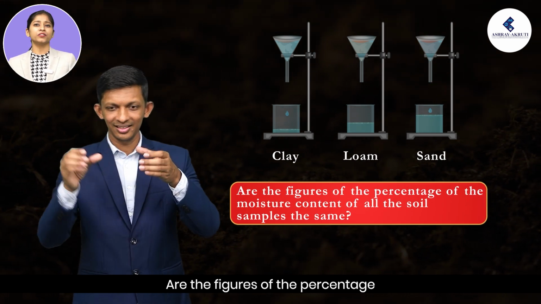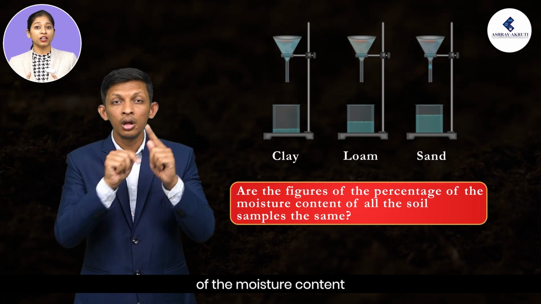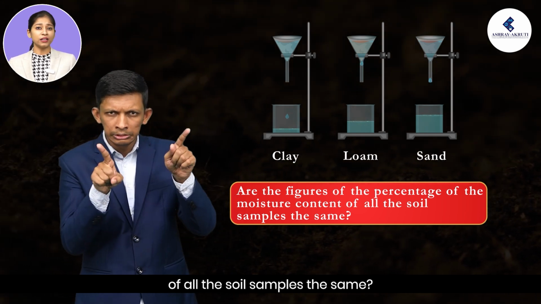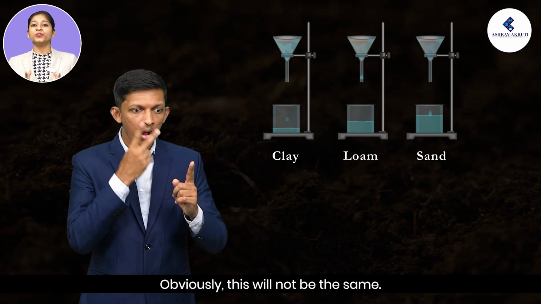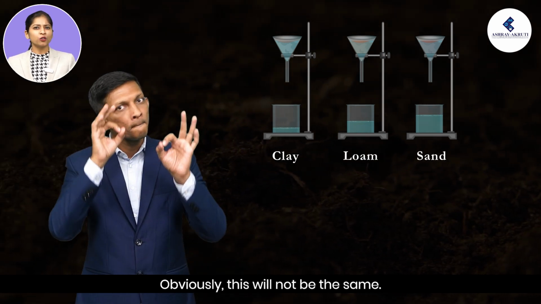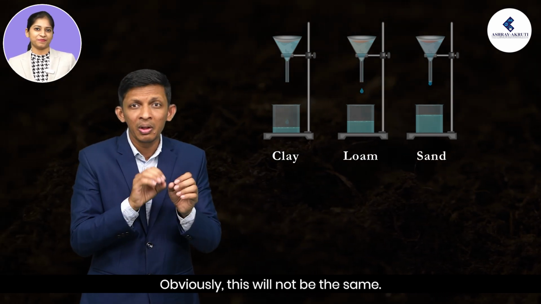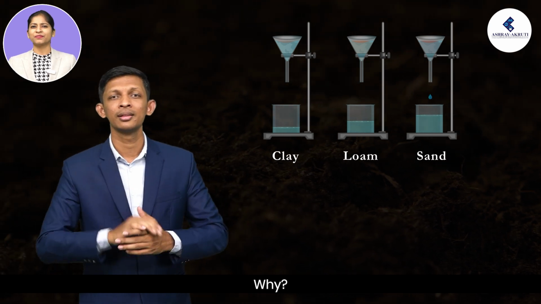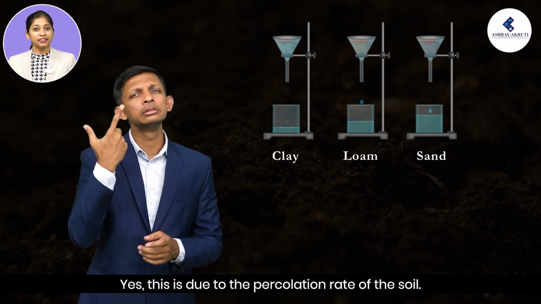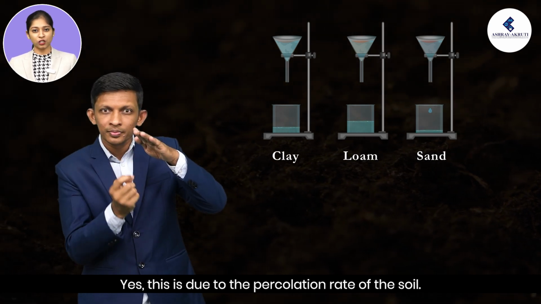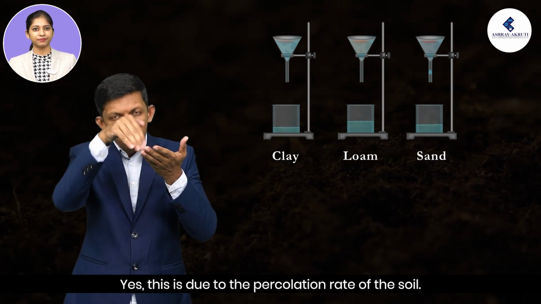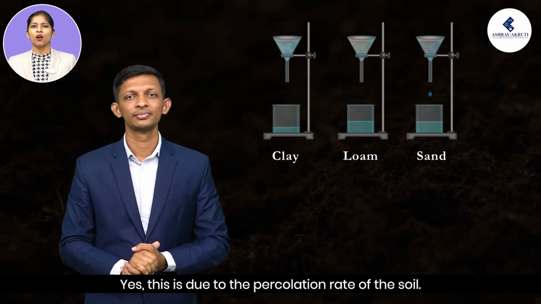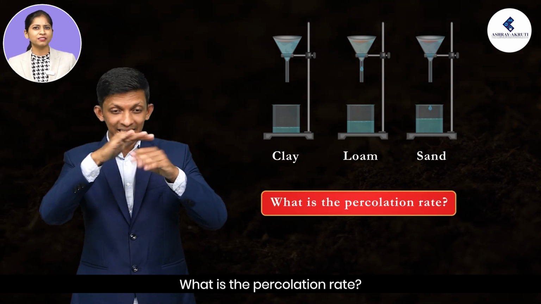Are the figures of the percentage of the moisture content of all the soil samples the same? Obviously, this will not be the same. Why? Yes, this is due to the percolation rate of the soil. What is the percolation rate?